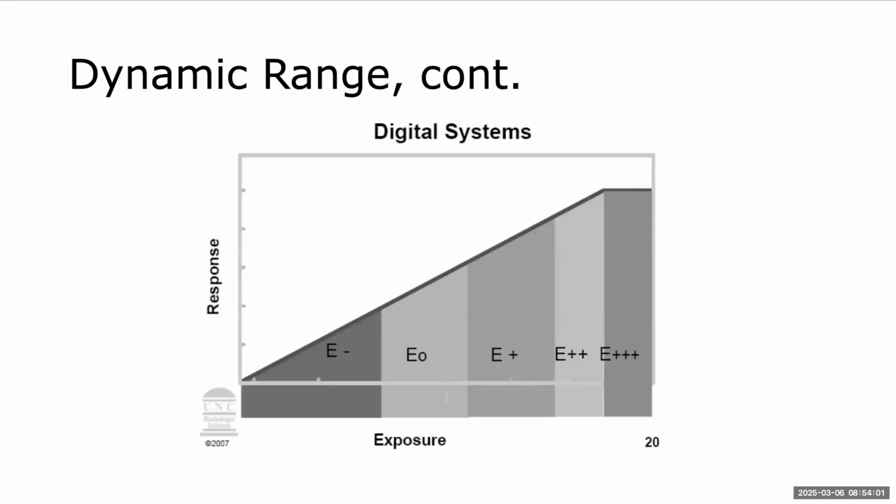Now, even though we're going to look at this and say, okay, well, this response down here in E minus is not really going to be useful information, that is going to be the area of underexposure. But we still get a response. Whereas with film, you wouldn't even get a response until a particular level of exposure. So that's why we say the dynamic range for digital imaging is greater than it was for film screen.